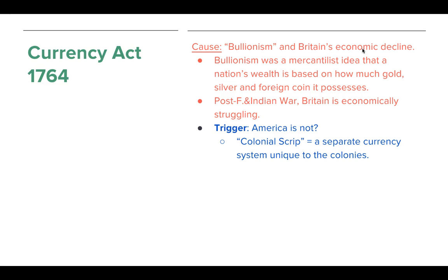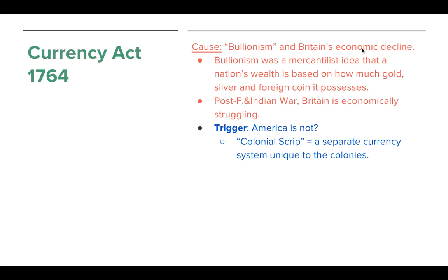Why is America still afloat economically? Why aren't they coming to us for cash? Because if we're struggling, then they would be struggling, but they're not. And it turned out that the Americans were being a bit shifty, and they were creating what's called colonial scrip.